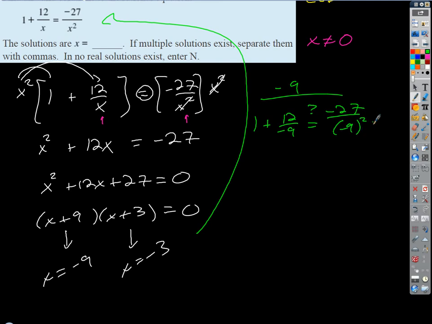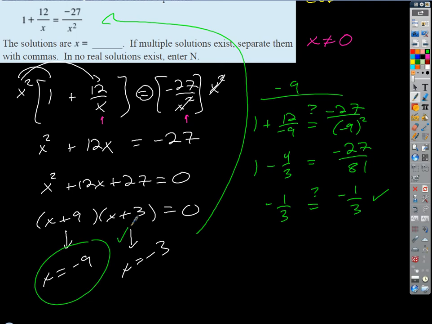So what's that work out to be? 1 minus 4/3, equals negative 27 over 81. And so on the left side, we end up getting negative 1/3. Is that the same thing as what we get over here? Yeah, it is. If I divide the top and the bottom by 27, I get negative 1/3, and so that one checks. So that's a good answer.